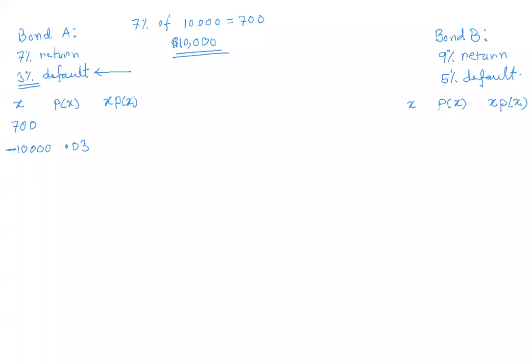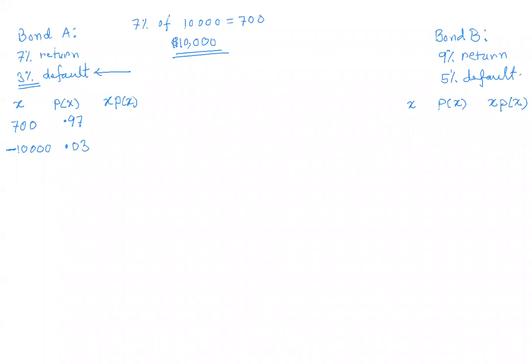Anybody want to help me out? 97. 97%, exactly, because 100% minus 3% is 97%. Thank you. So 97% chance that they will be in business.